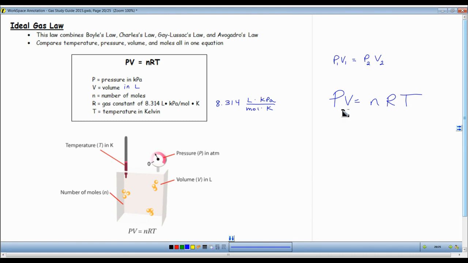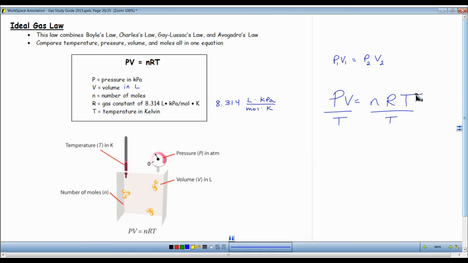You could rearrange this equation, like do a little algebra. And say you were to solve, I move over temperature, hiding in this equation, here would be Gay-Lussac's law, pressure over temperature. But then I would be moving my volume over to the side.